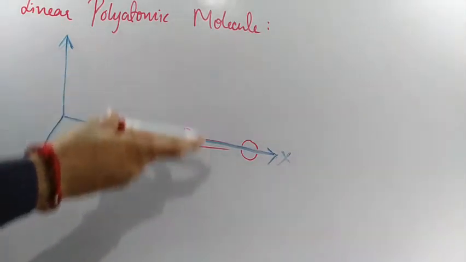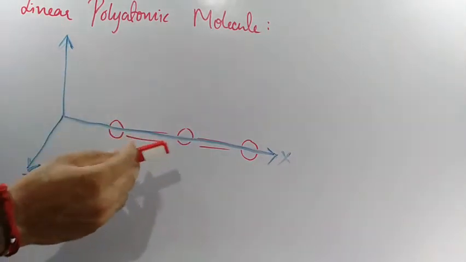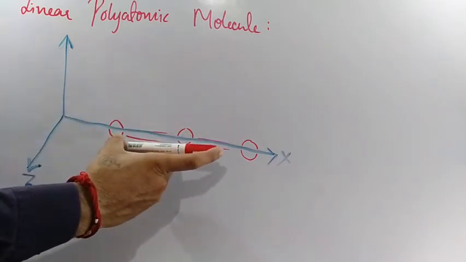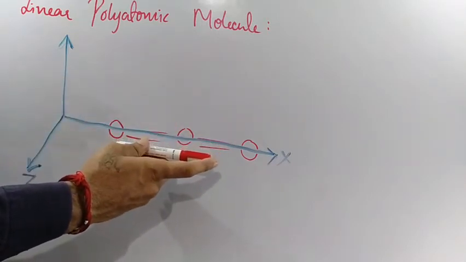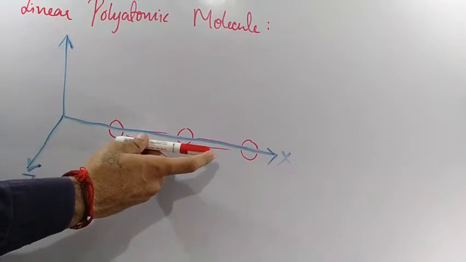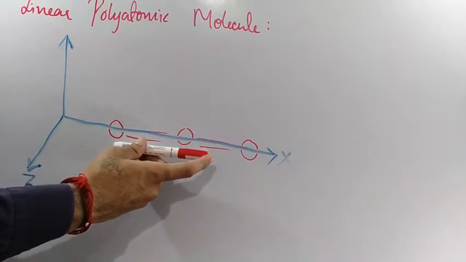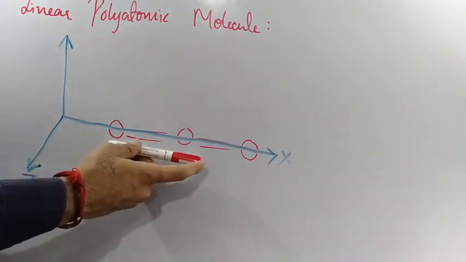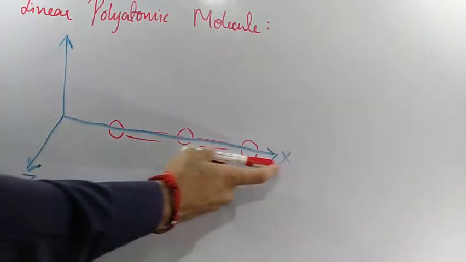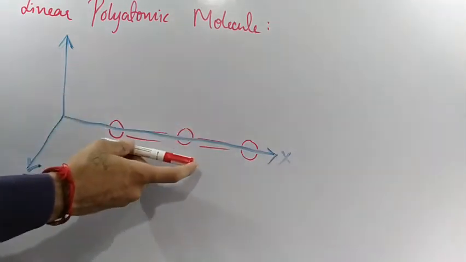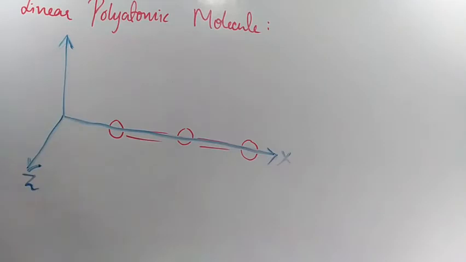Imagine this pen as a linear polyatomic molecule. In which all directions will this linear polyatomic molecule move, you have to think about this. It may move along the x-axis, or along the y-axis, or along the z-axis.